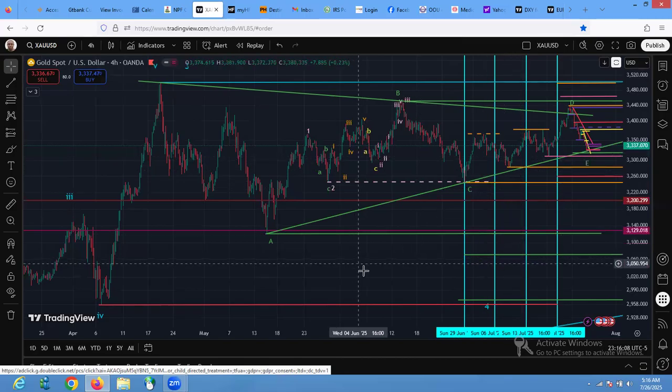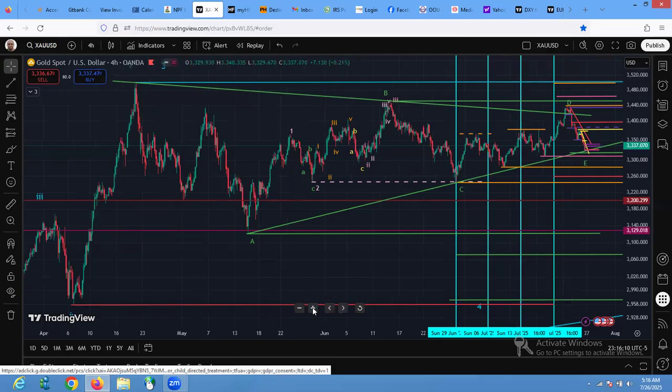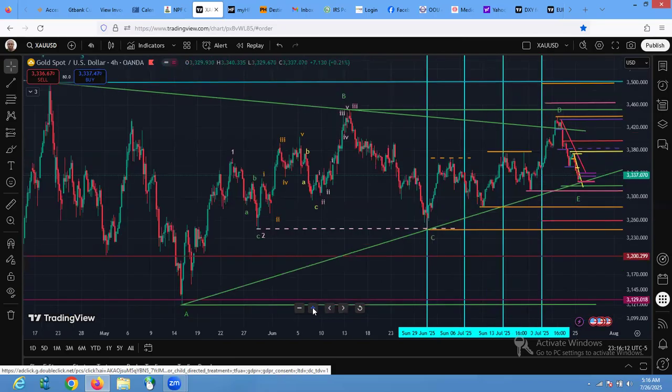But if it is a triangle indeed, we don't expect the E to take more than 61.8 of the D wave. So this is a C, a D wave. Right from here up to this point, it shouldn't take 618. And I think 618 is around 33.18.